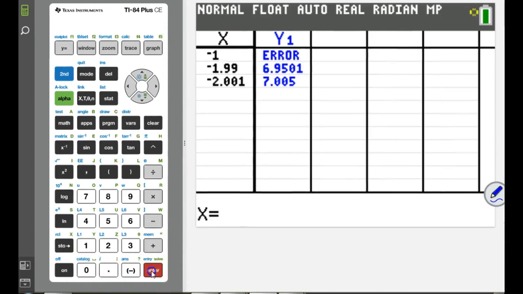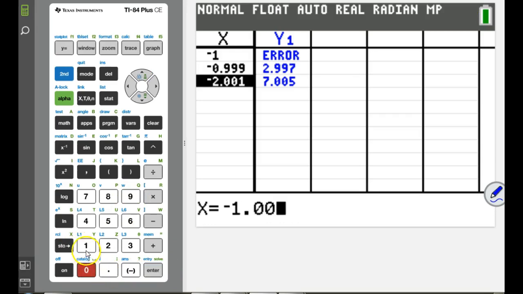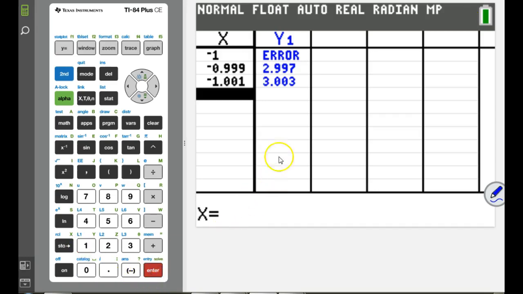At -1 it's undefined. Close to -1 would be -0.999. Or what's just above -1? -1.001. So what's the limit approaching? 3.